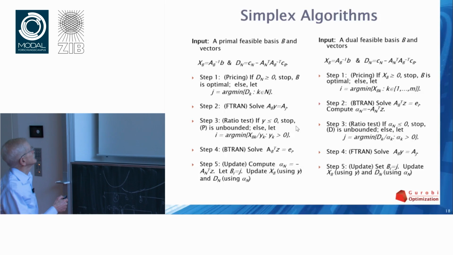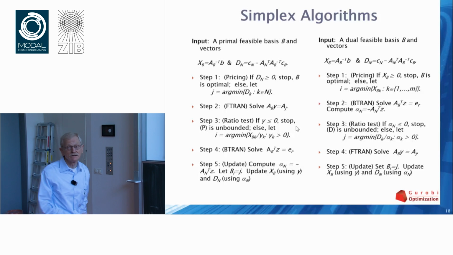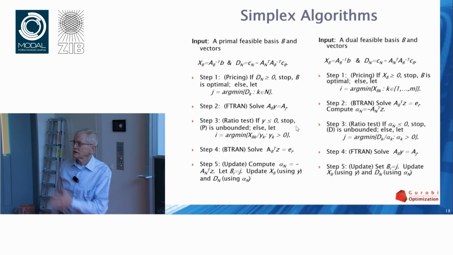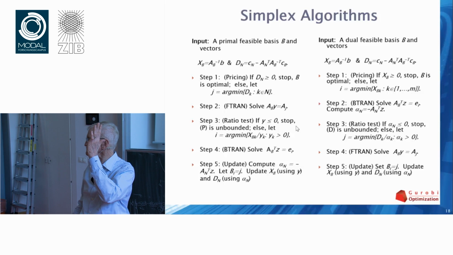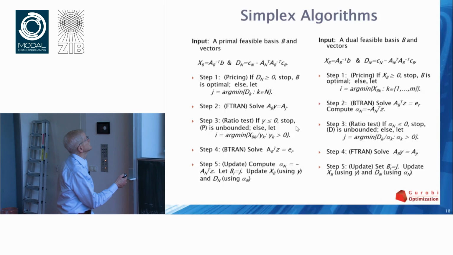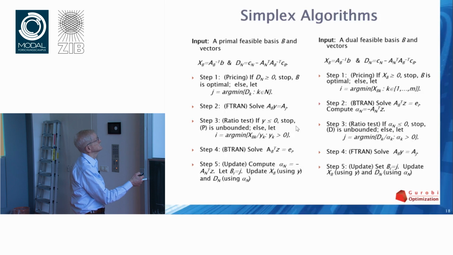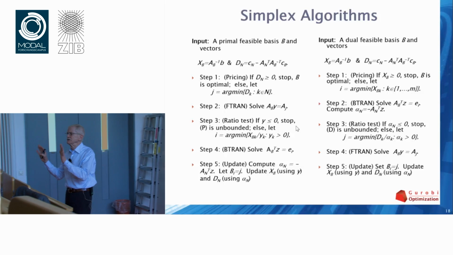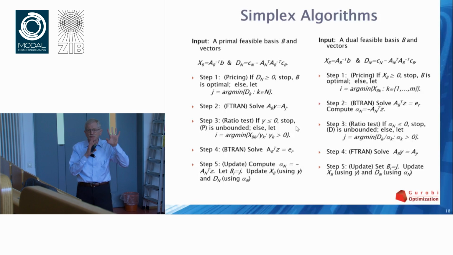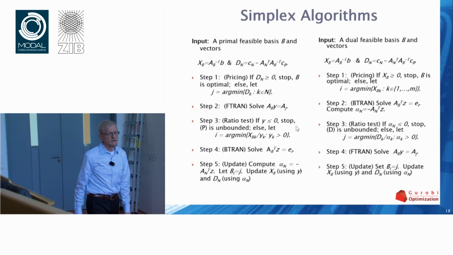So you don't actually have to compute all of d in the primal algorithm. You can just compute a value, compute another one. If you find a negative one, take it. And hence, you don't really need this entire vector to implement the primal simplex algorithm, depending on how you do it. That freedom is masked a little bit here, but it exists.